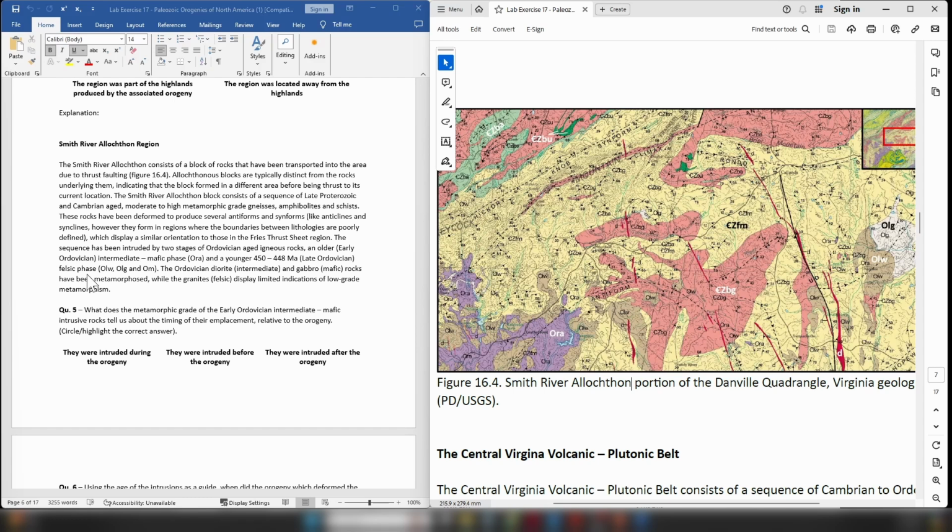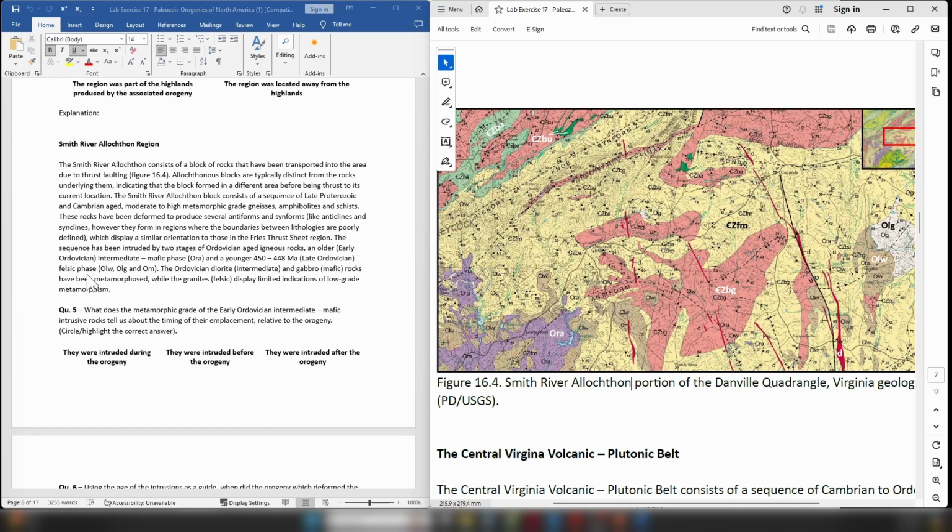We have this intermediate to mafic group of igneous rocks, and this would suggest that they are probably related to some kind of divergent or extensional tectonism, because that tends to be associated with mafic igneous rocks.